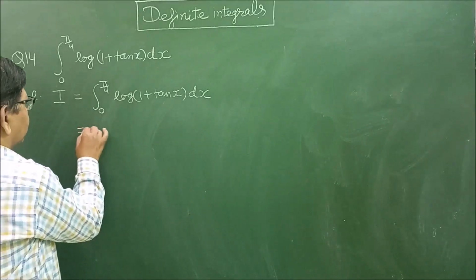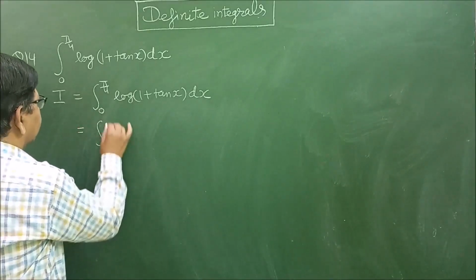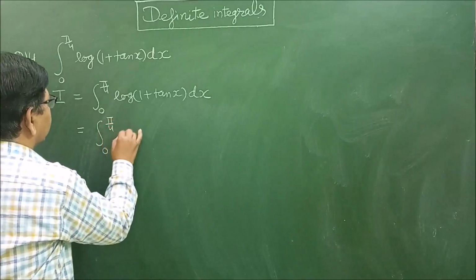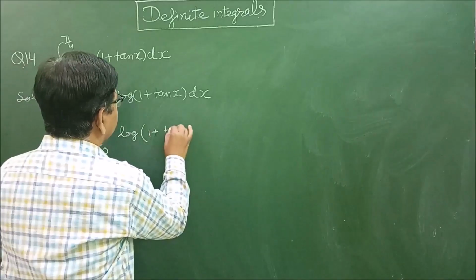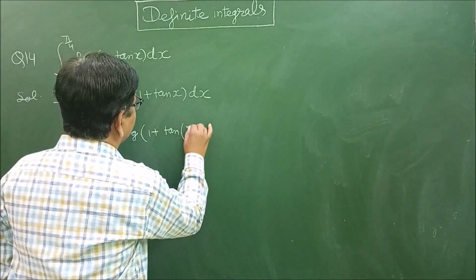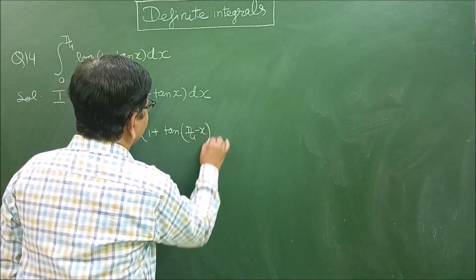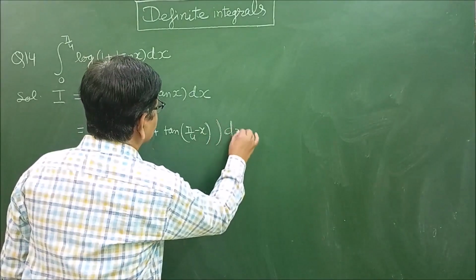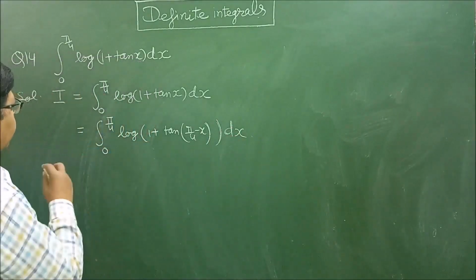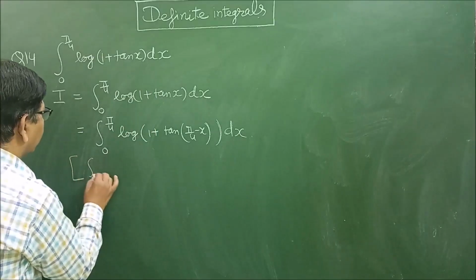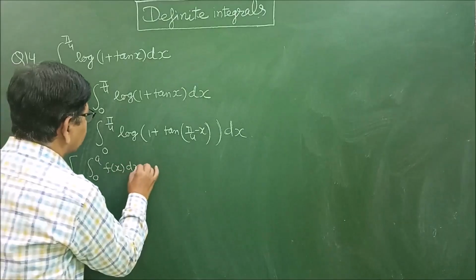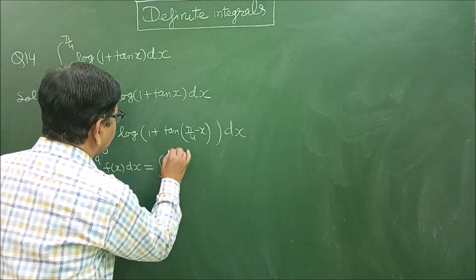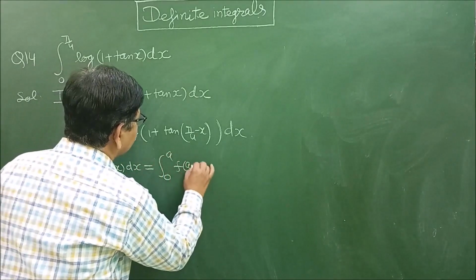So using that property, I can write this definite integral is also equal to 0 to pi by 4 log 1 plus tan of (pi by 4 minus x) dx.